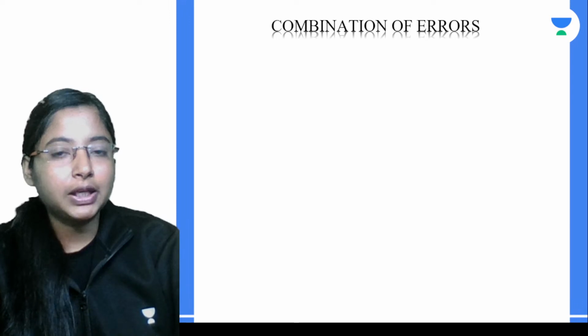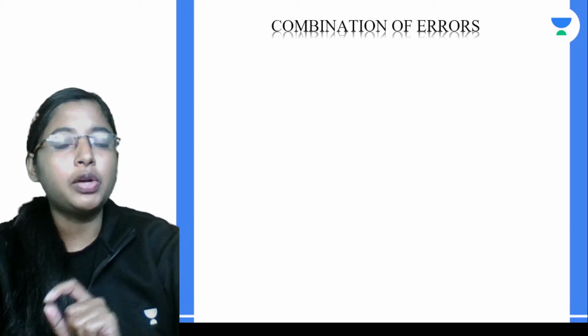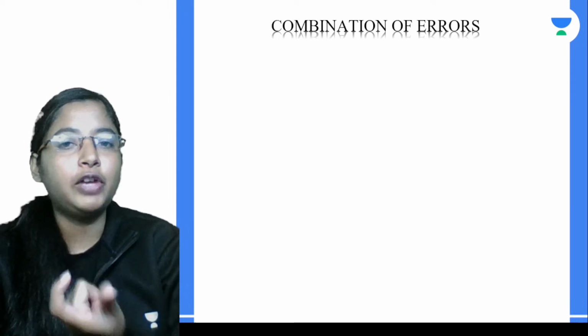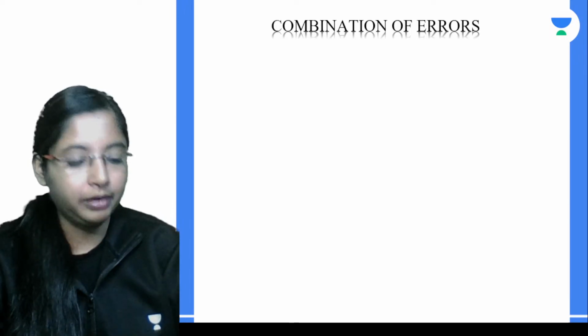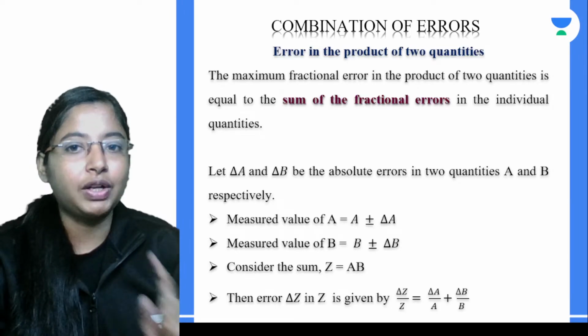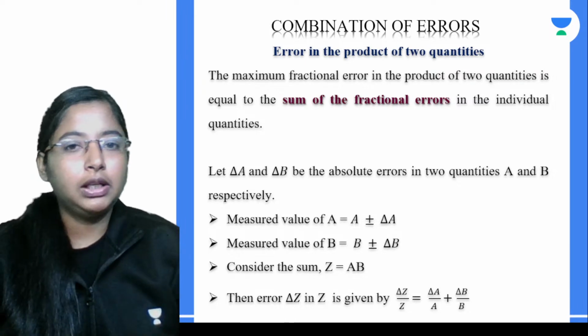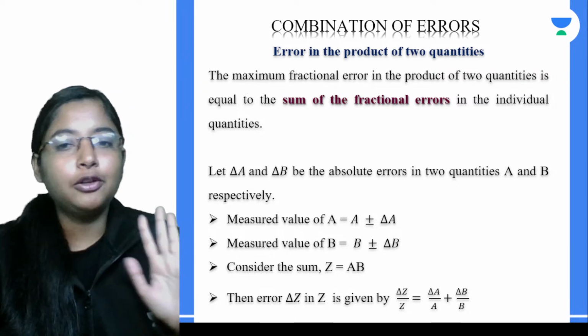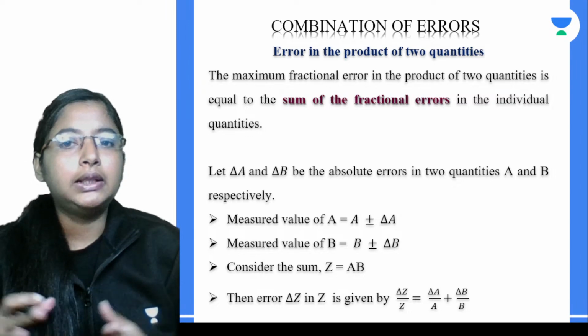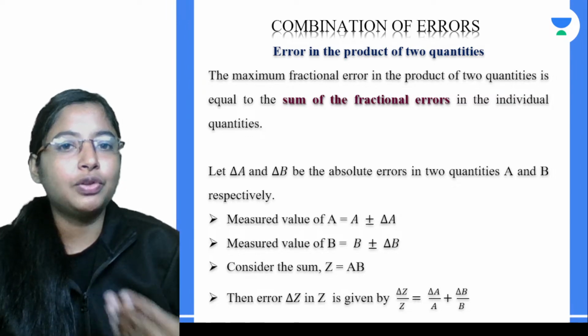So finally, when you're expressing your answer as momentum, these two errors will contribute towards the error in momentum. How do we do that in case of multiplication? For addition and subtraction, we made use of absolute error. In this case we are going to make use of fractional error.